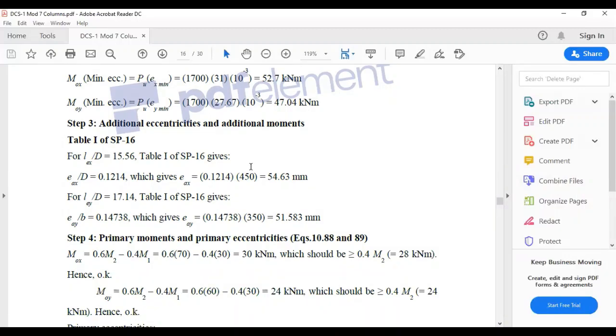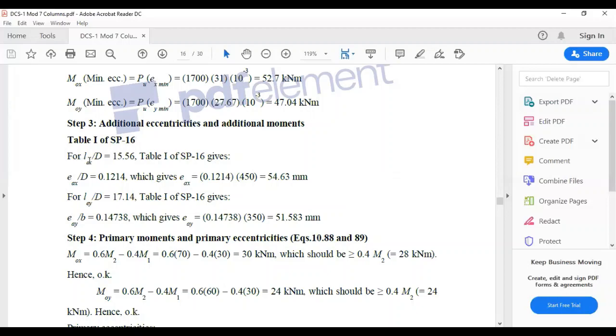Now step third is to determine additional eccentricities and additional moments. For this we will refer table number 1 of SP16 code. This is a dedicated code for steel.